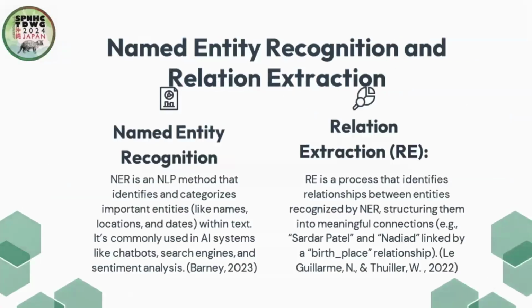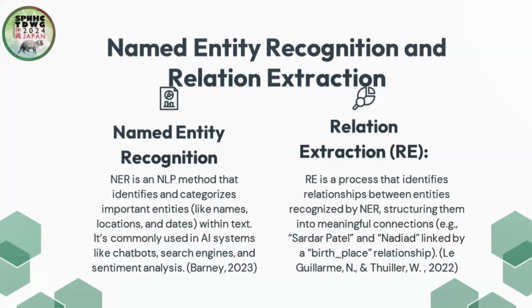In this project, we focus on two key NLP techniques that form the backbone of our research. Named entity recognition plays a critical role in identifying and categorizing important entities within text, such as species names, locations, and other relevant biodiversity terms. By pinpointing these entities, we can organize unstructured text into more manageable components.